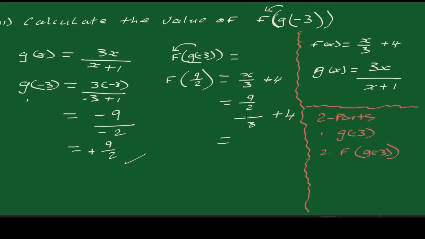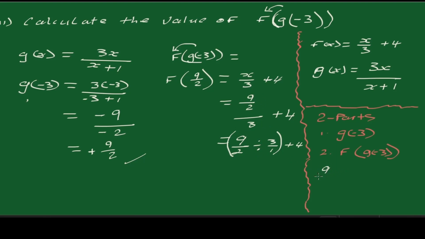So this becomes 9/2 over 3, plus 4. So now we have 9/2 divided by 3/1, because 3 is the same as 3/1, plus 4. I state the fraction out like this, and then I work it out in the working column here.